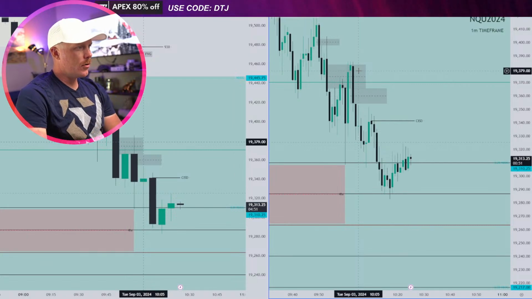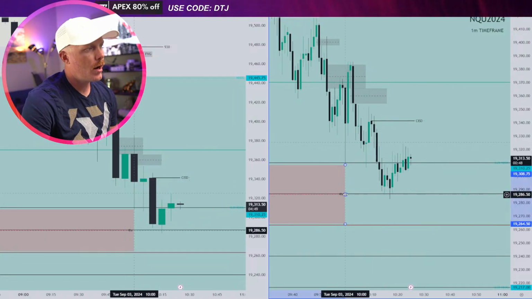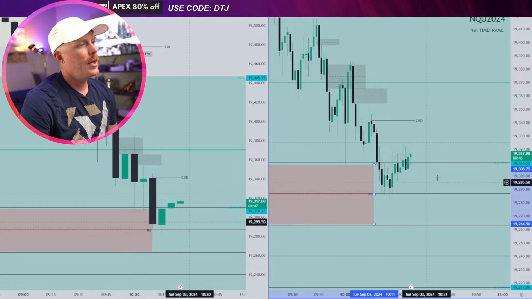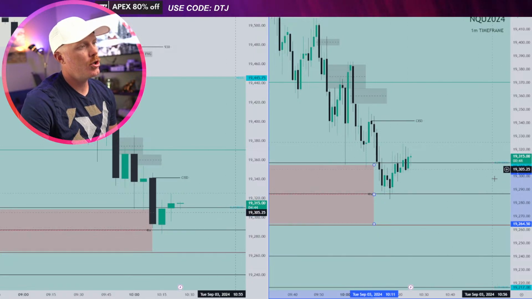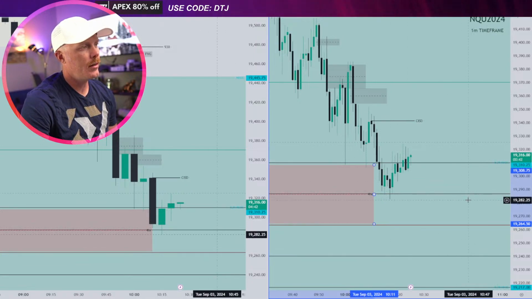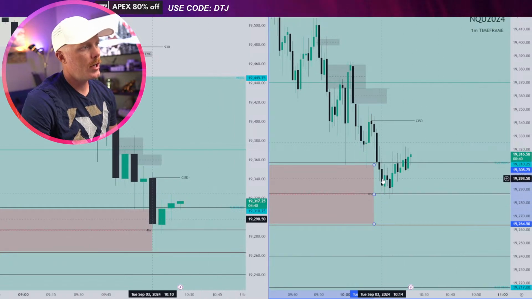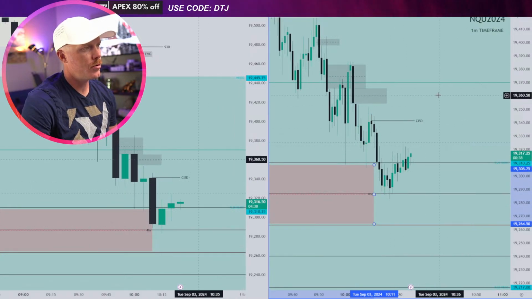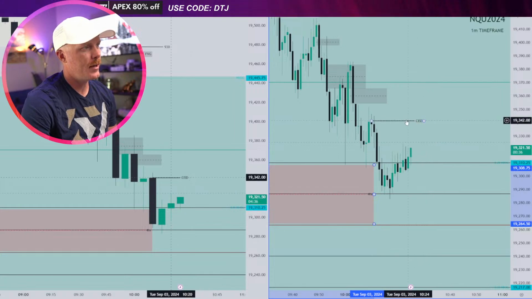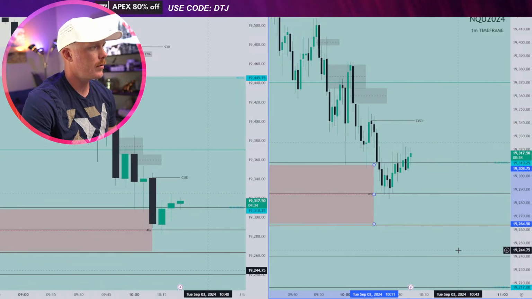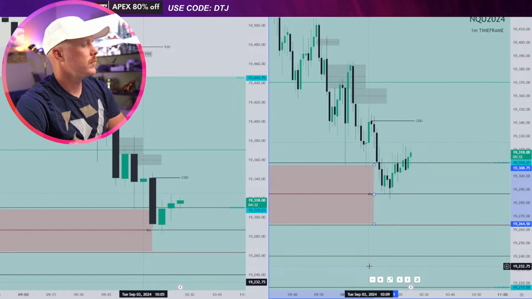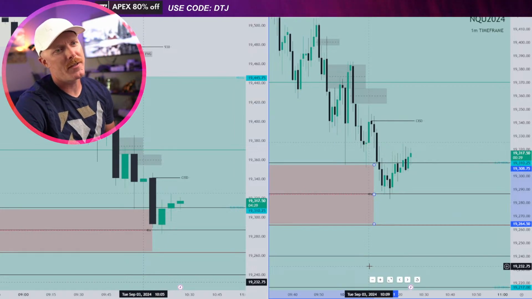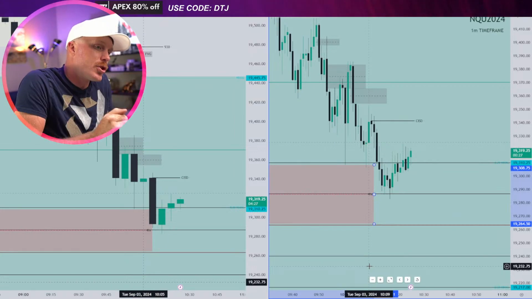But right now we are sitting in this 4-hour fair value gap inside this new day opening gap from the 29th of August, looking for price to begin moving the other direction. And I want to see a 5-minute close above this candle right here. Now, the close above does not mean I enter a trade.